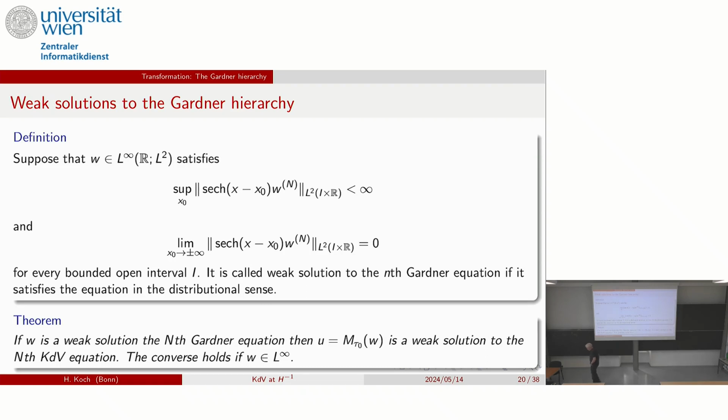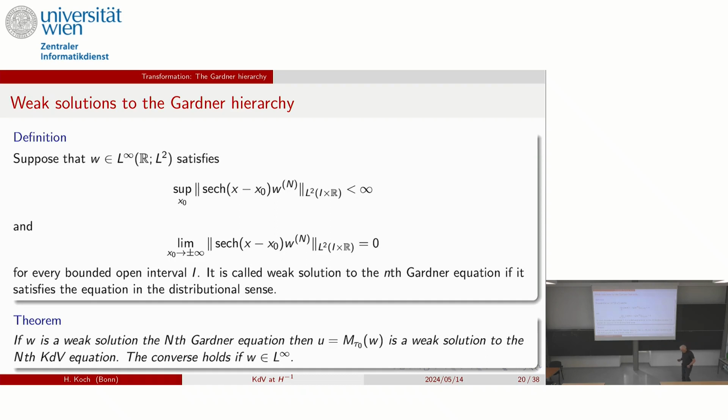Let me define the space for weak solutions. I want to talk about weak solutions in L infinity with values in L2. And I want them to have local smoothing terms, so that the nth order derivative is in L2 locally. So I regularize it by the sech function.